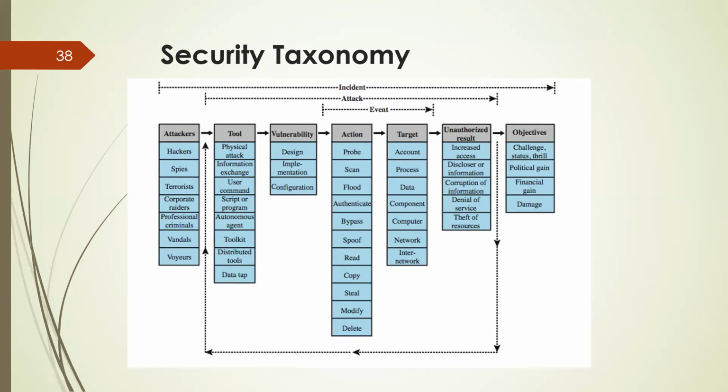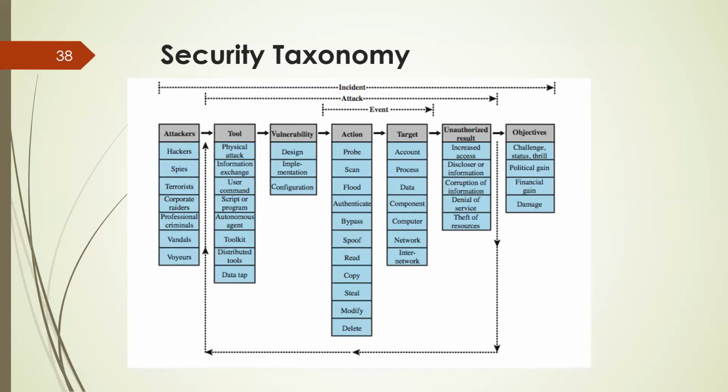What do they mainly target in any security attack? Accounts, processes, data, components of a system, the computer itself, networks, interconnections or internetworks. All these are what the hackers target. Next, unauthorized results.